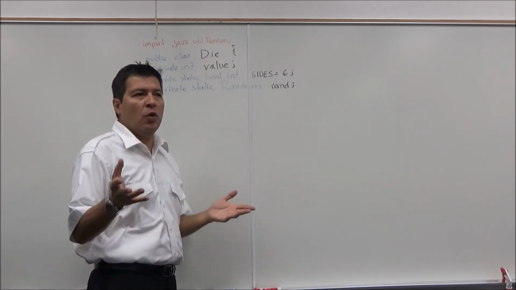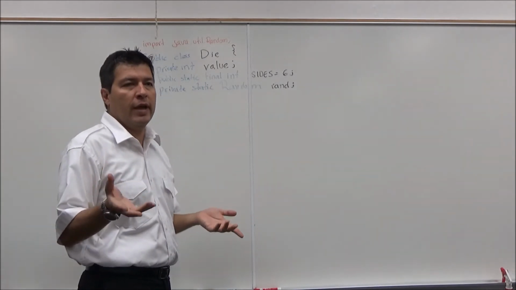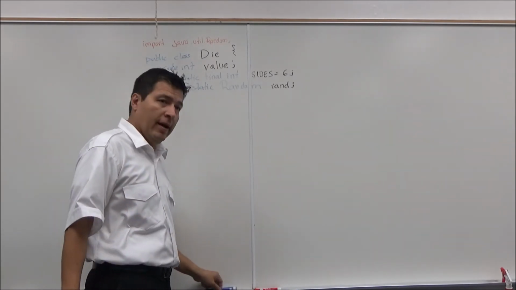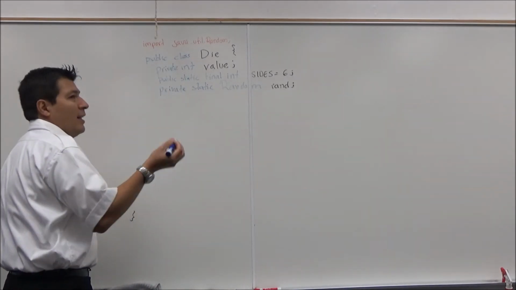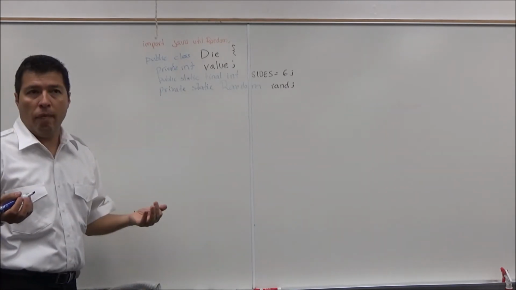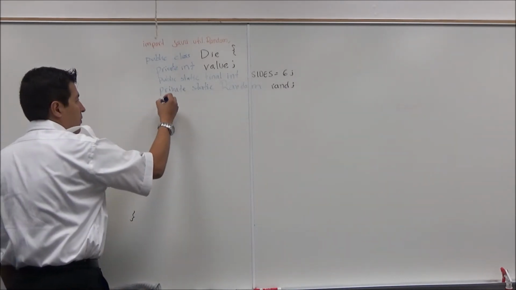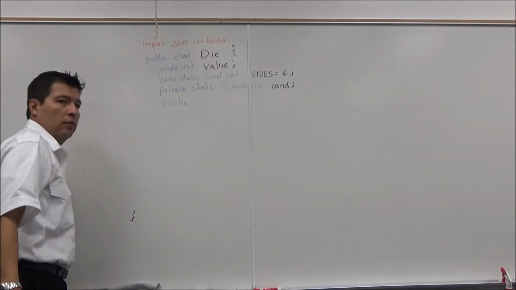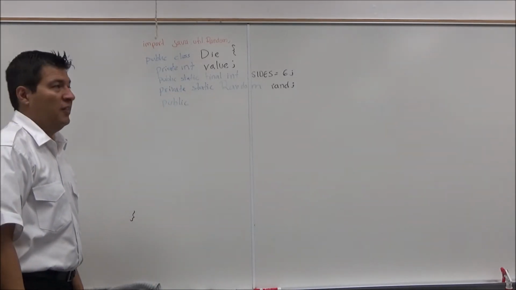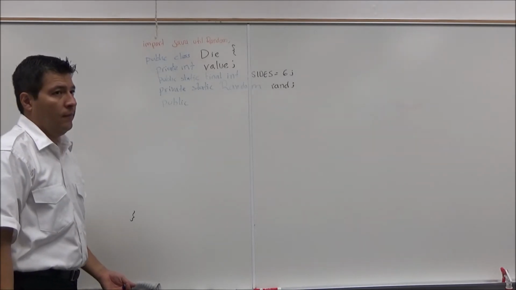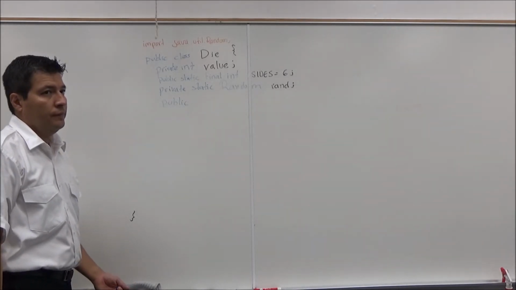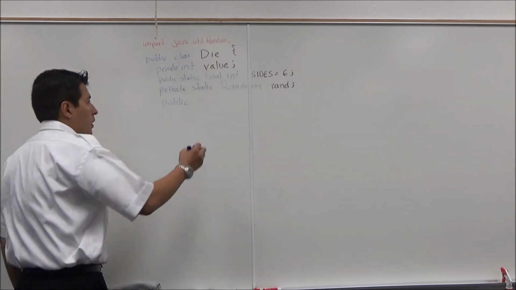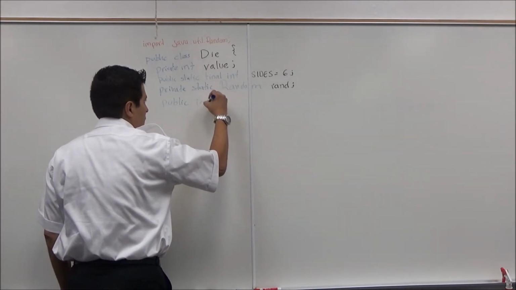Let's assume you already threw the die. You threw the die, and you want to see what value the die had. So I need an accessor to read the value. The accessor will be public, right? Is it static or non-static? It's non-static because the value is non-static, right? And it's going to return an int.